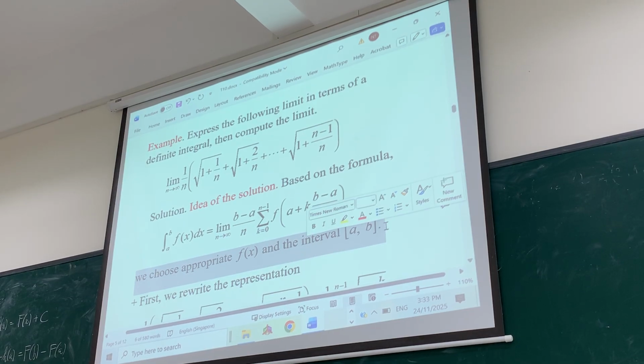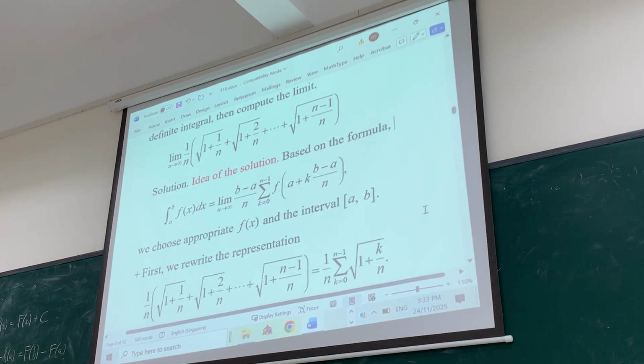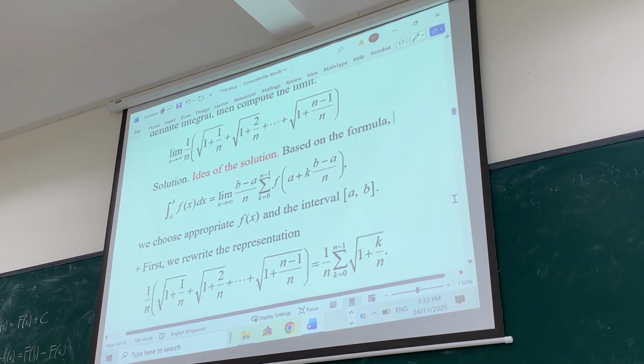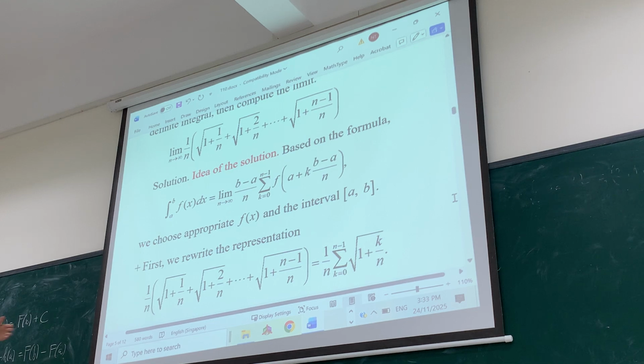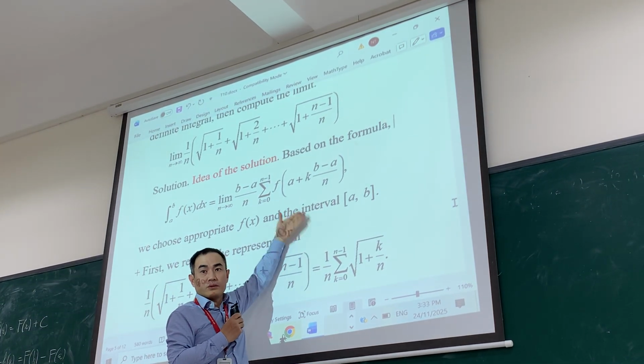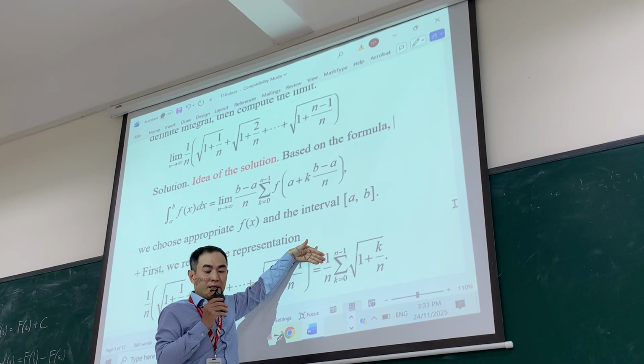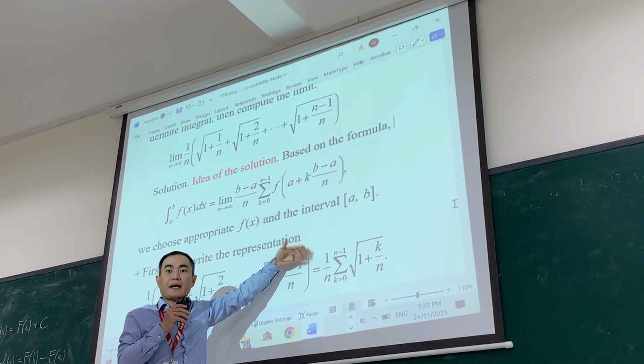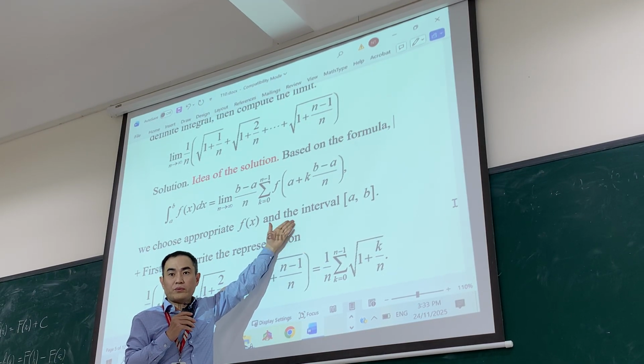Now, how to choose f on the interval [a, b]? I think we need to compare the two formulas here.